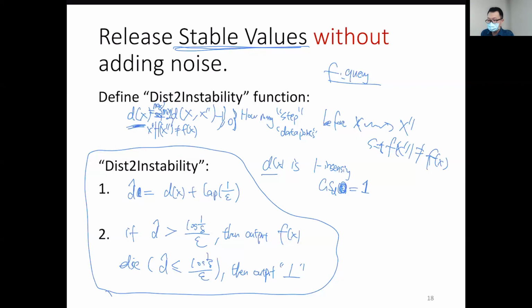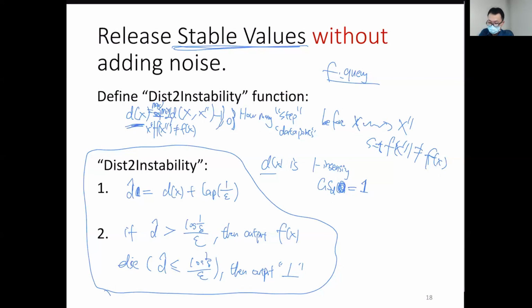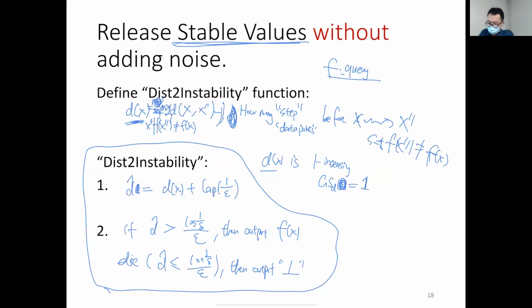Since this could make it negative, then I'm taking the larger of 0 and this quantity. So can this be negative? It couldn't be negative, because when d(x, x'') is 0, it means x' is equal to x. Okay, so I don't need this max outside. I can simply use this as a valid definition.